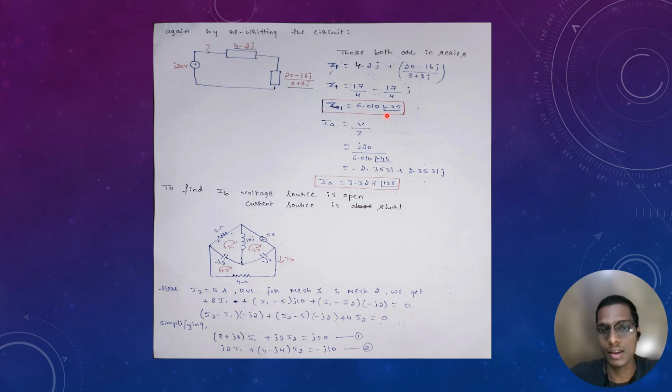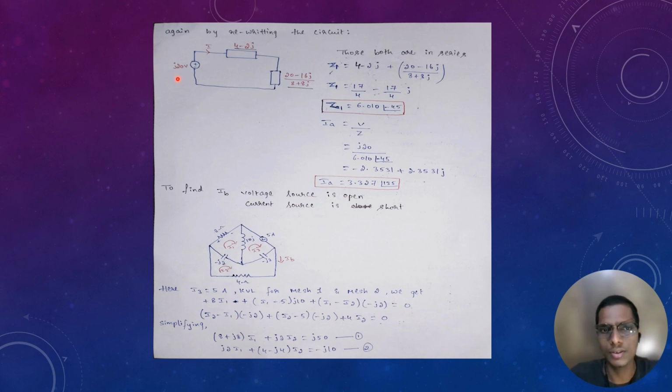Now we have to find IA. According to Ohm's law, IA equals V by Z. Z is also called resistance.